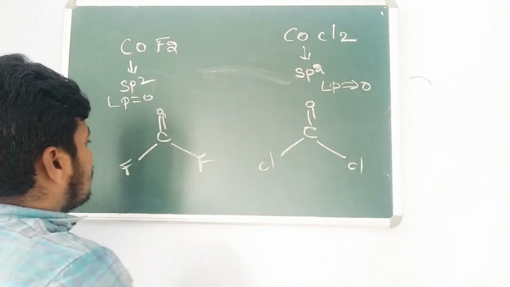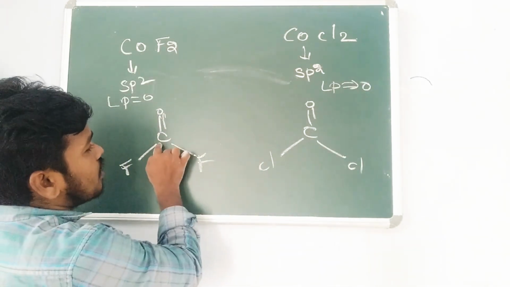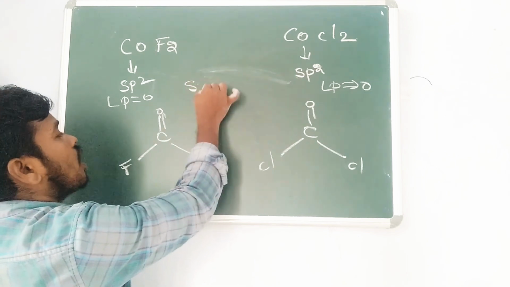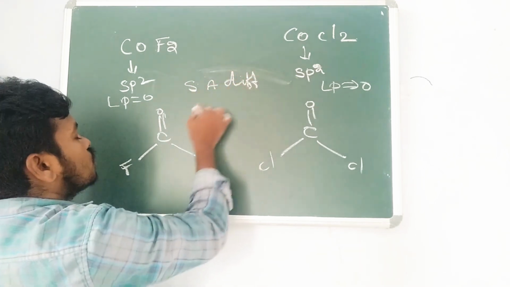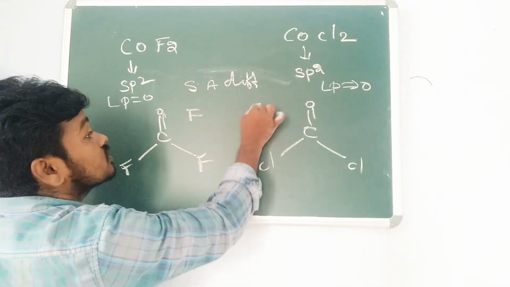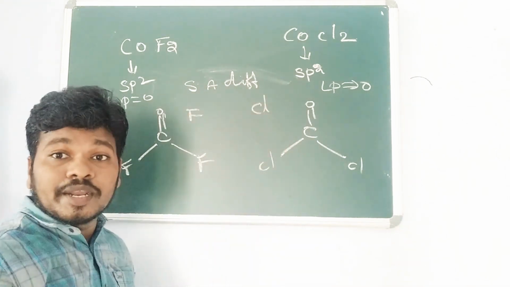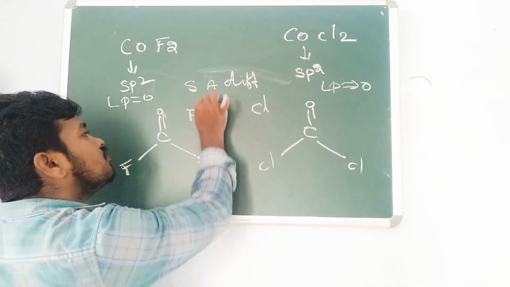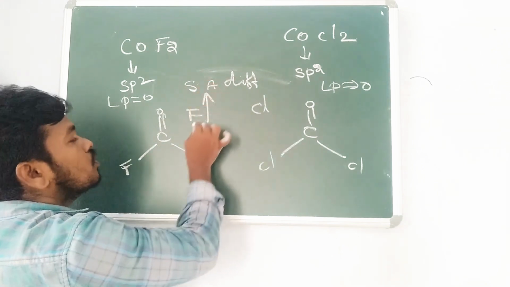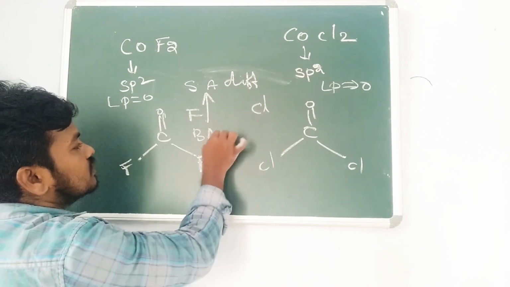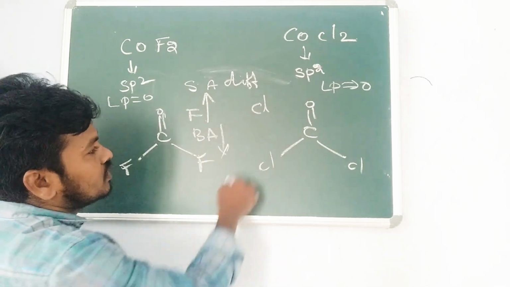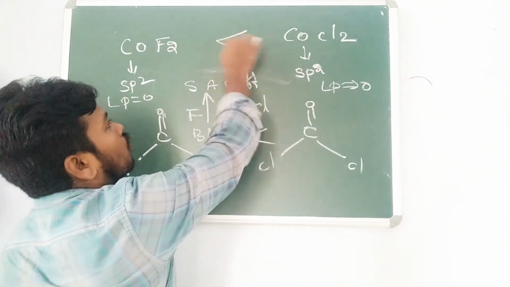The central atom is similar, the surrounding atoms are different. At that time, what do we have to do? We have to identify which is more electronegative. Fluorine is more electronegative. Automatically the bond angle of COF2 is less, and COCl2 has the more bond angle.